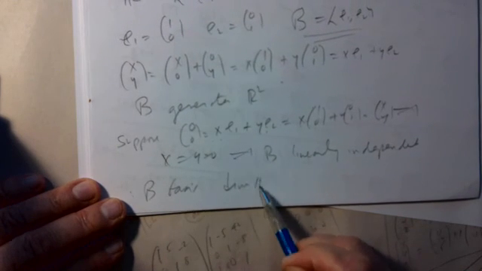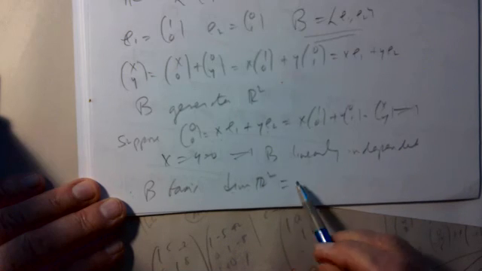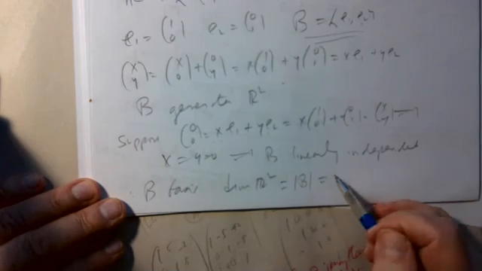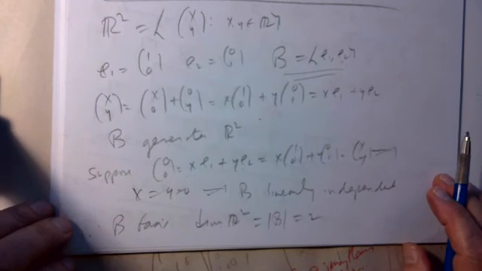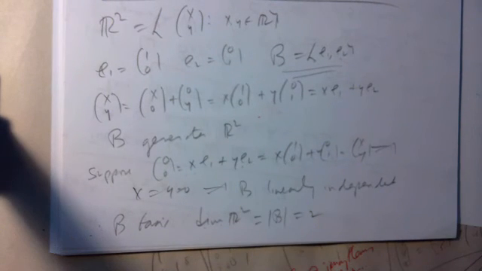And the dimension of R2, dim stands for dimension, is the cardinality of B, and B has 2 vectors in it. It's 2. So with my definition of the dimension of a vector space, I just proved that R2 is 2-dimensional.